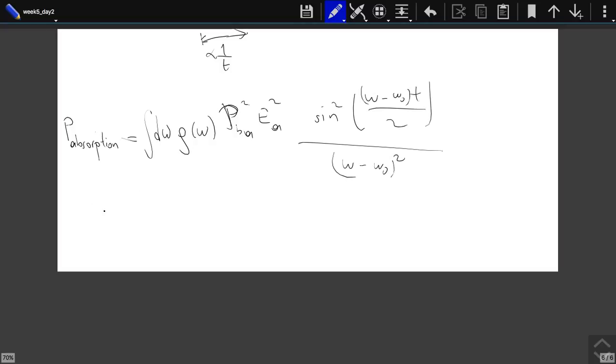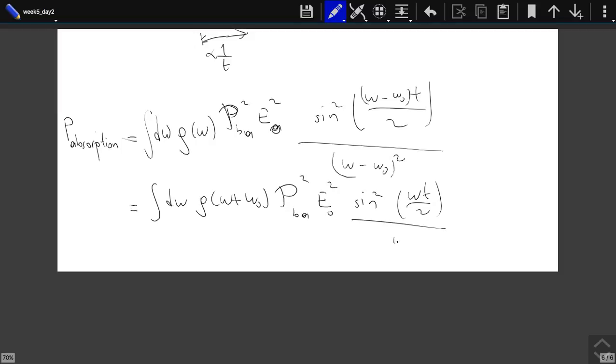Now let's just make a change of variables. Now let's look at this integral. This will be equal to the integral of d omega, rho of omega plus omega 0, p ea squared E0 squared sine squared omega t over 2 divided by omega squared.